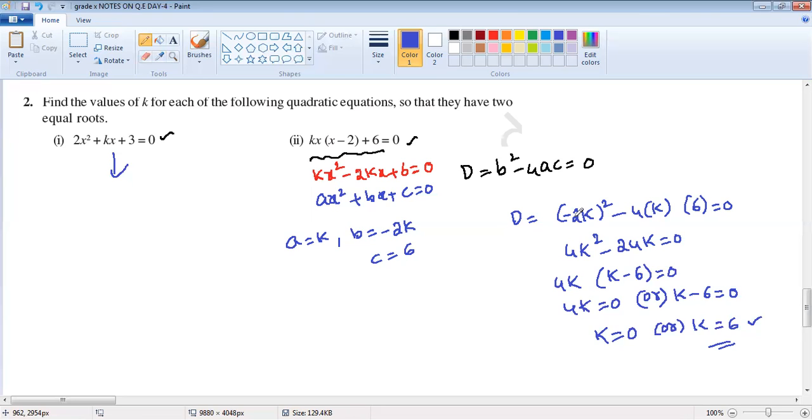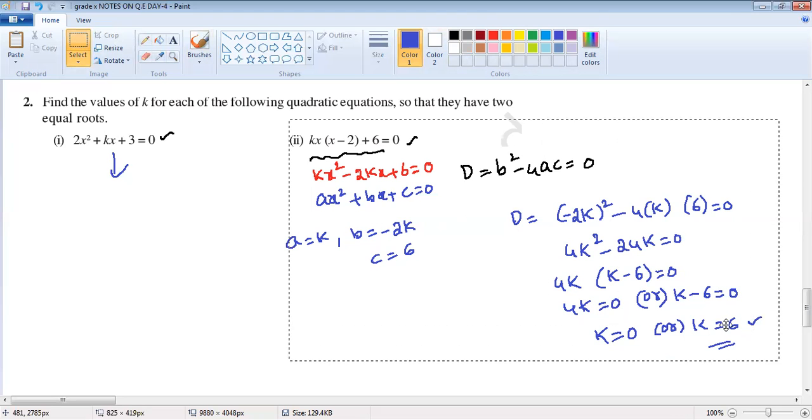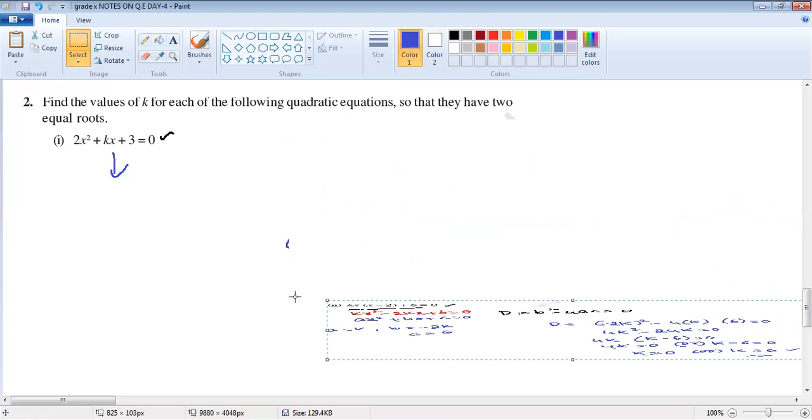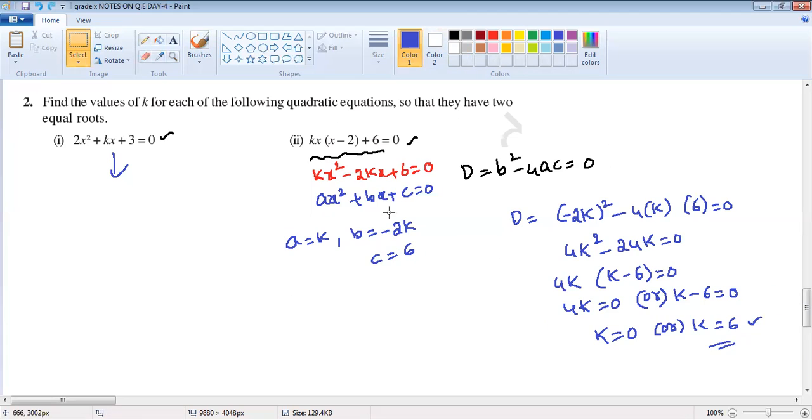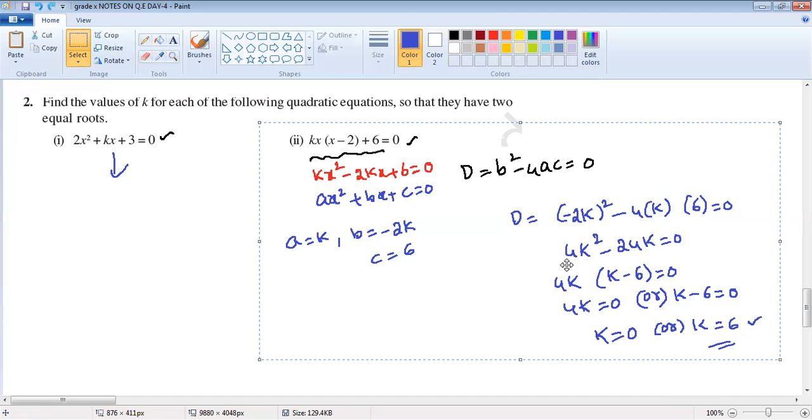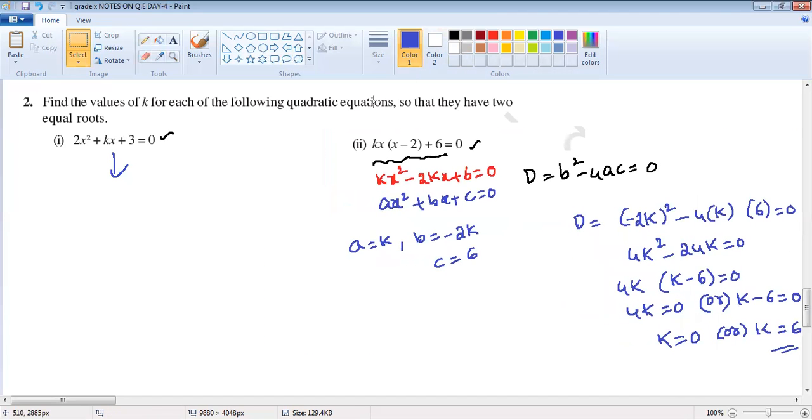In the same way, we have to compare with ax square plus bx plus c. Sir, k minus 24 is coming. One second, I'll help you. After the discriminant, it is coming. So we compare with ax square plus bx plus c is equal to 0. Then the discriminant formula, b square minus 4ac should be equal to 0, right?